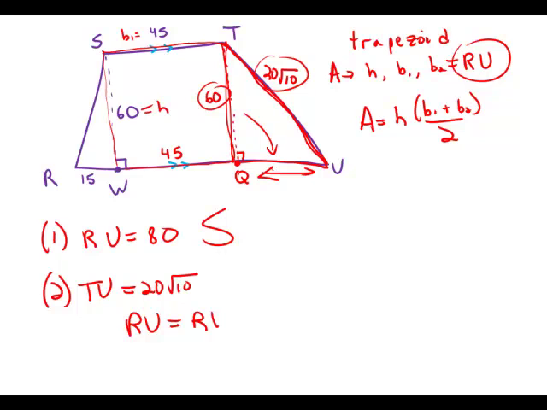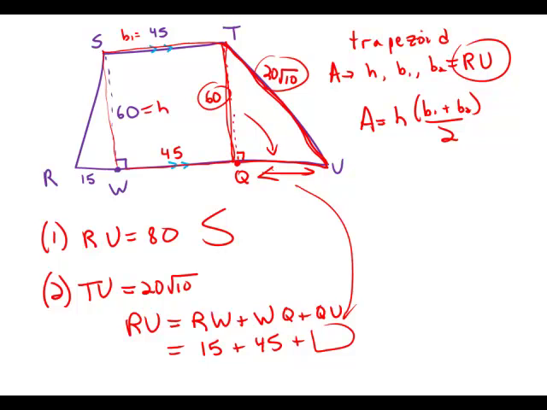It's made of RW plus WQ plus QU. Well, RW is 15, WQ, the other side of that rectangle, is 45, plus, and then if we figure out what QU is from the Pythagorean theorem, we'd be able to figure out RU. Once we have RU, we can figure out the area.